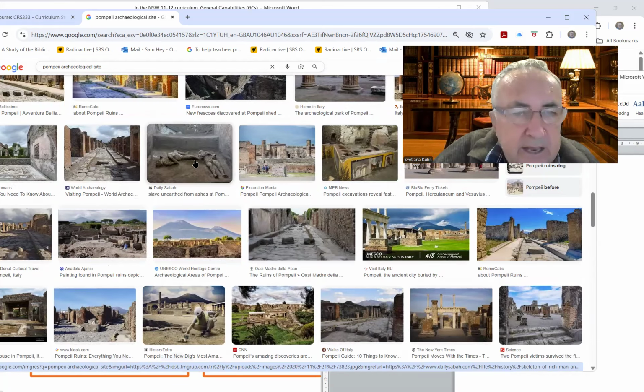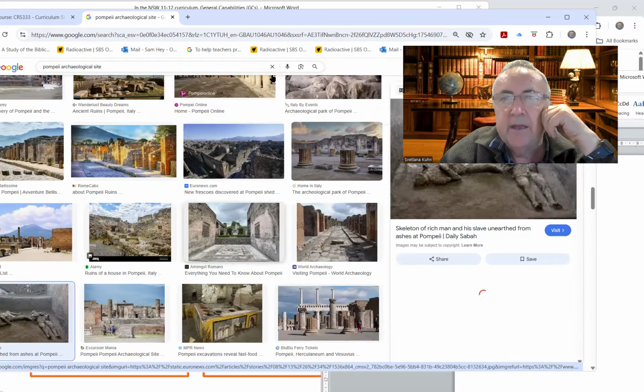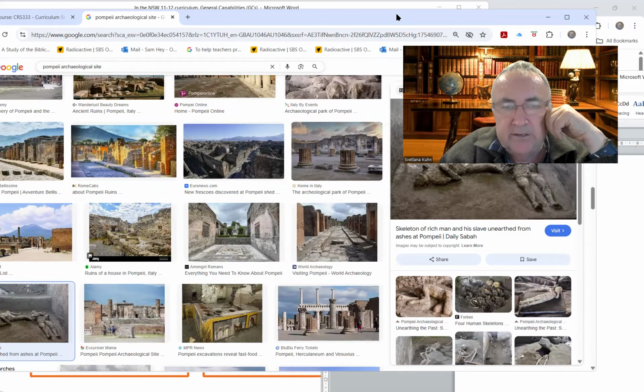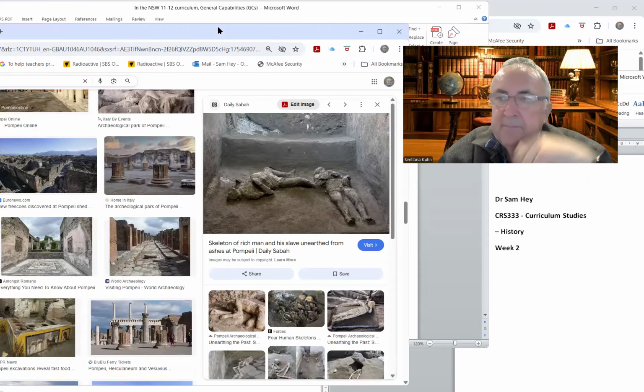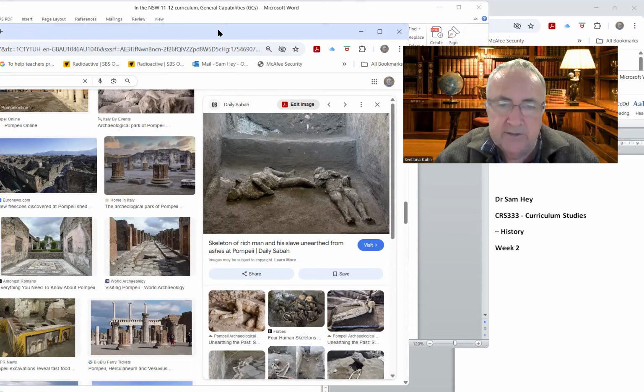And here's some of the bodies that were excavated. They pour the plaster in, and the skeletons are still there, and the form of the body is still there from 70 AD. And here's a rich man and his slave who were buried in 70 AD at Pompeii, exactly as they were when the ash came from the exploding volcano.